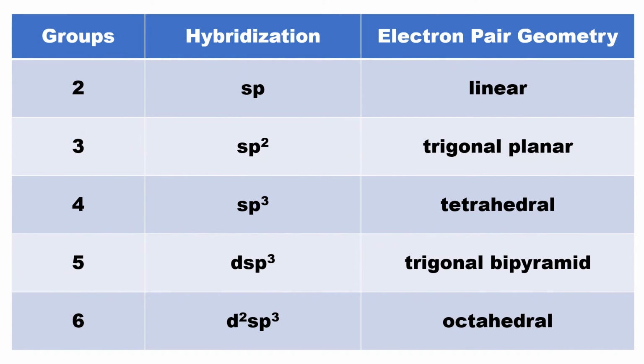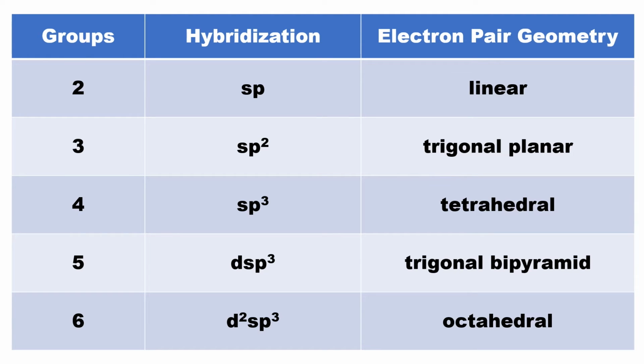Notice each group requires a hybrid orbital. The electron pair geometries tell the geometries of the hybrid orbitals. The molecular geometries are not shown here and are dependent on the number of sigma bonds and lone pairs of electrons around a central atom. I'll refer you to my other videos on molecular geometries.